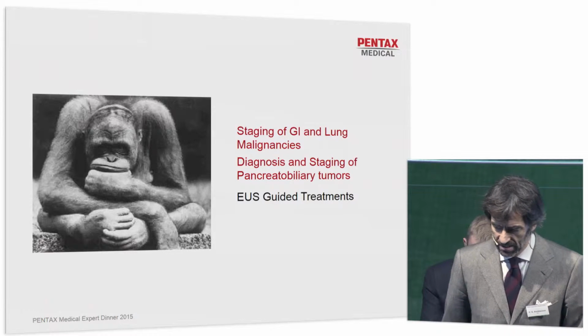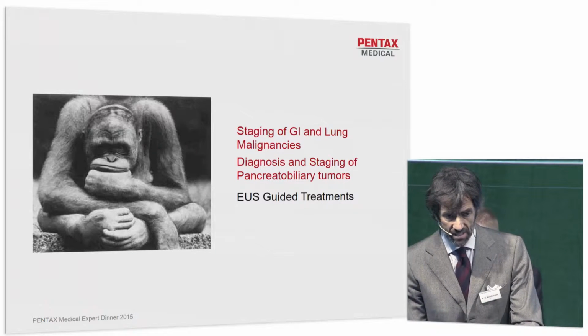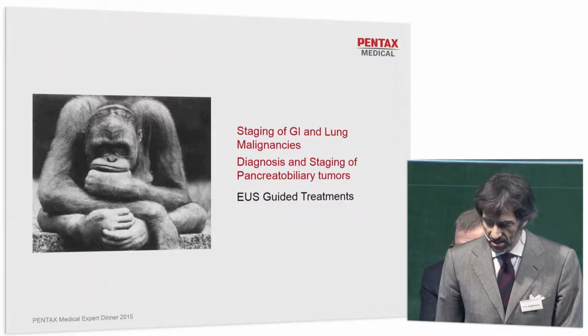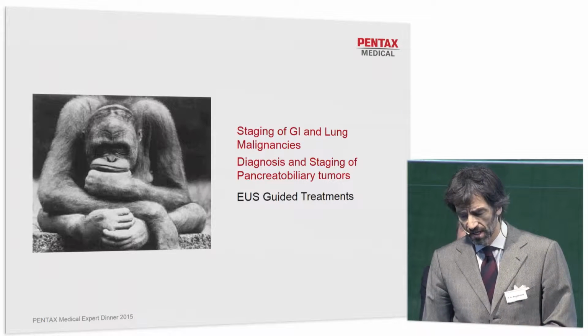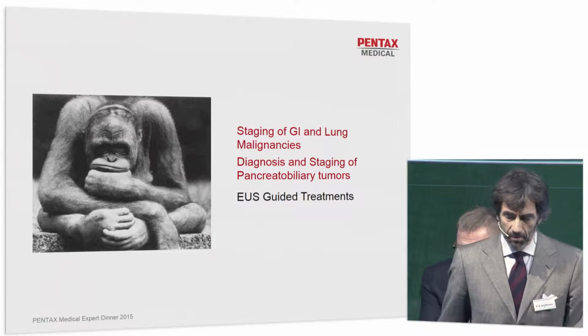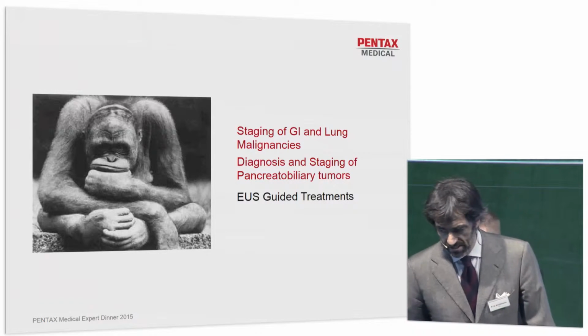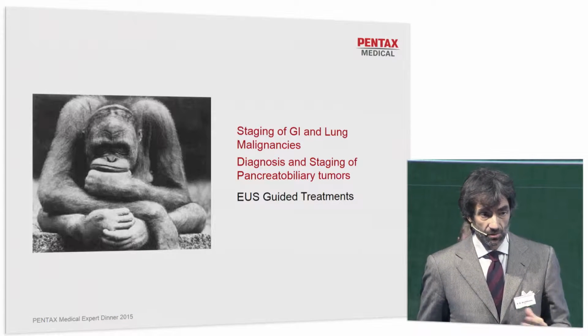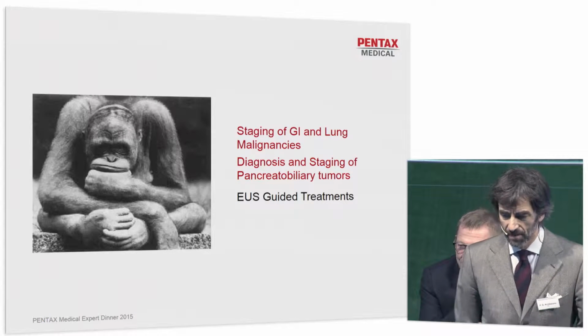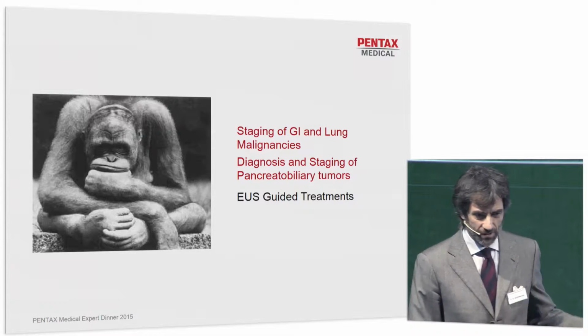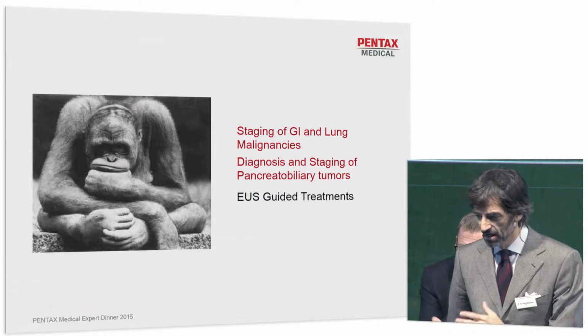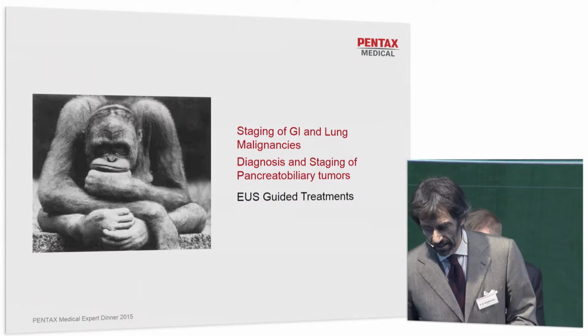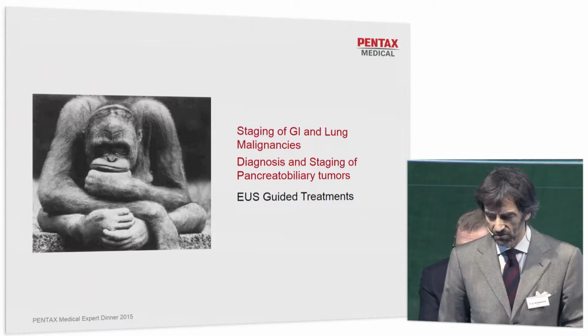The first one is the staging of GI and lung malignancy and the diagnosis and staging of pancreatic or biliary tumors. On the other hand, we have probably the future of EUS, that is the EUS-guided treatments. So when I had to choose, because of the time and the referees, which of these two big issues to present, I was really doubtful.